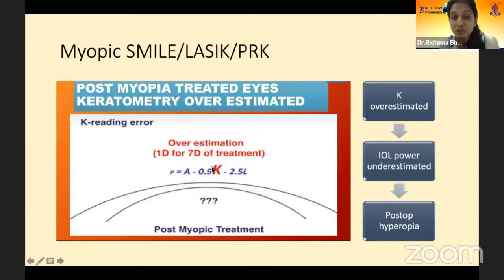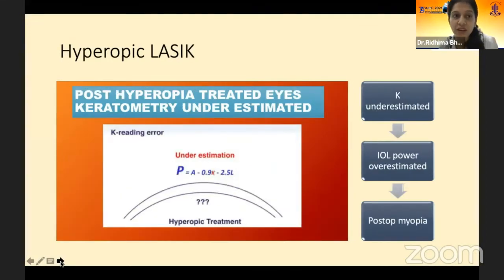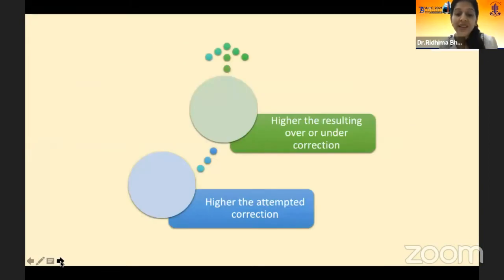An overestimation of K results in an underestimation of IOL power, and we would most likely end up in a postoperative hyperopia. And the exact reverse would occur in a hyperopic LASIK treatment done, wherein the K value is underestimated, resulting in an IOL power overestimation and a most likely postoperative myopia. So the higher the attempted correction, the higher is going to be the resulting under or overcorrection.